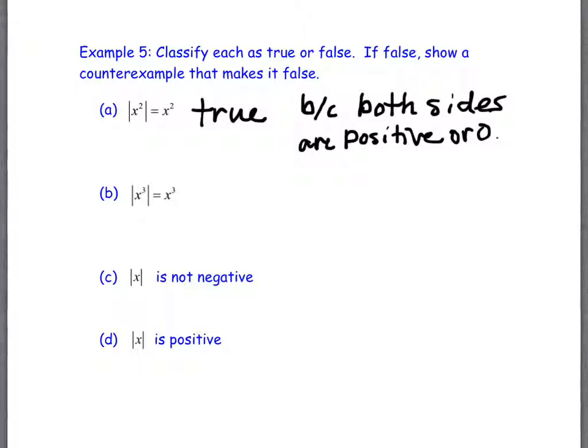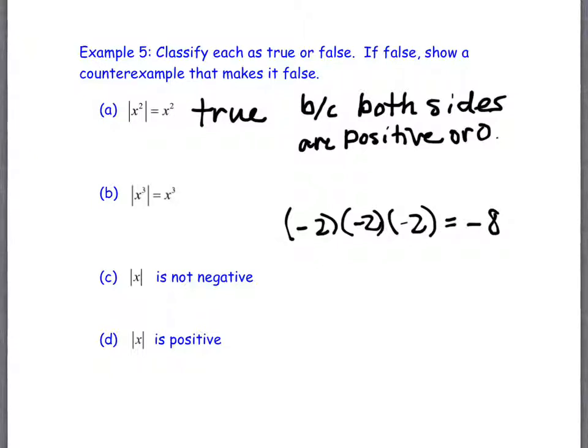How about the second one, part B? How is part B different than part A? It's cubed. And why or how are cubes different than squares? They can be negative. If you take a number that is negative and multiply itself by itself 3 times, like negative 2 times negative 2 times negative 2, you actually get a negative.